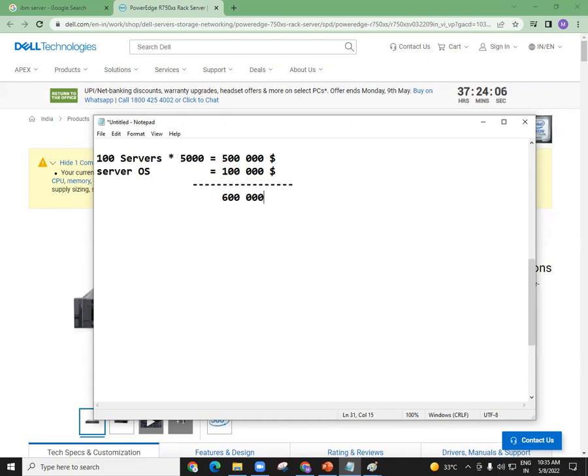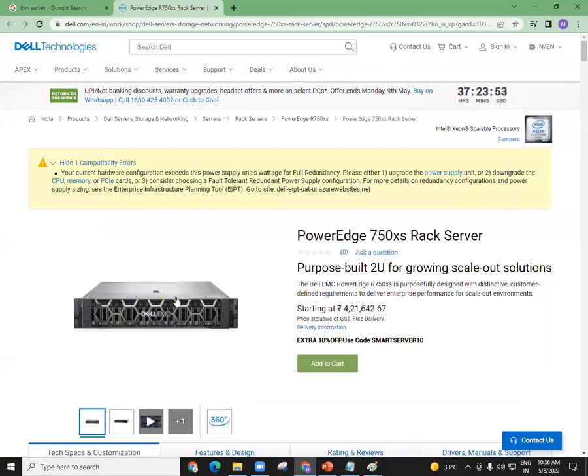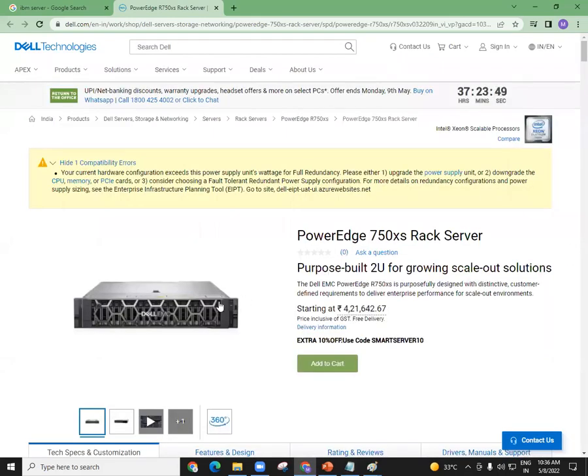So please don't take this calculation for every company. This is one company that has spent $6 lakh only on server machines and server operating systems. So they will bring 100 server machines like this, then install the server operating system, and then run their application. So the business has started now. Great.